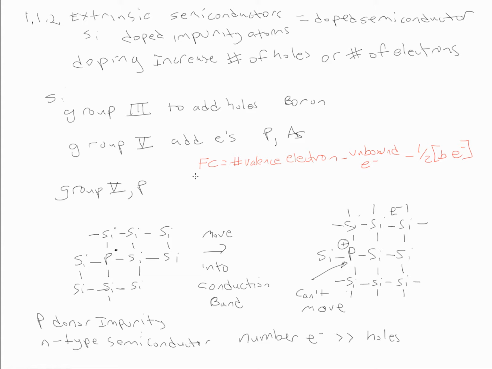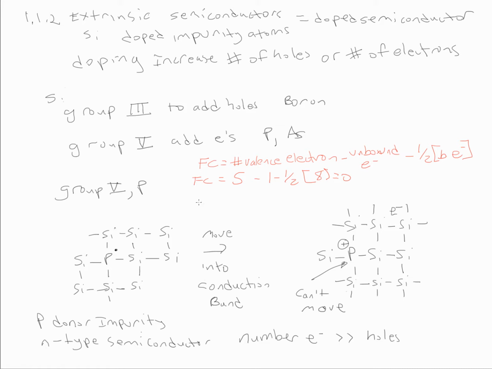And so in this situation, before that electron is moved, the valence electrons for phosphorus is 5, and then it has one unbound electron and minus 1/2 the number of bonded electrons. So there's 1, 2, 3, 4, 5, 6, 7, 8, because each dash represents 2 electrons, so 8. And so this equals 0, so no formal charge.